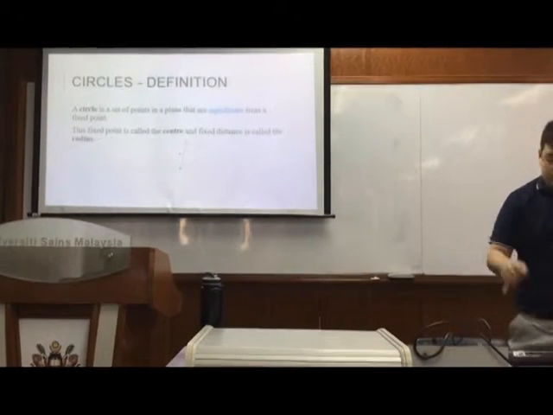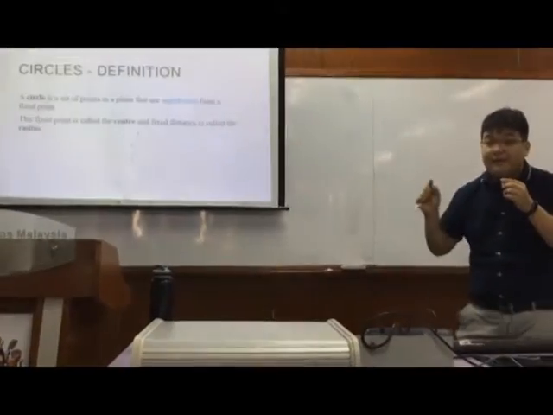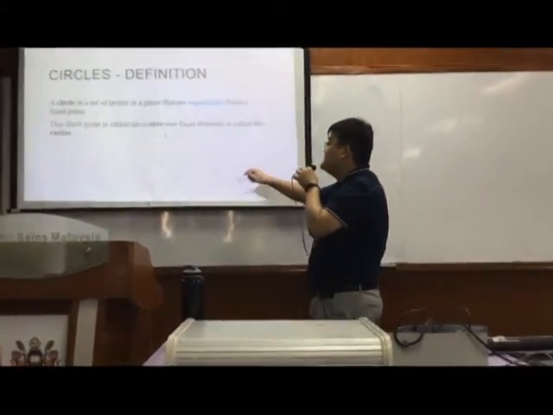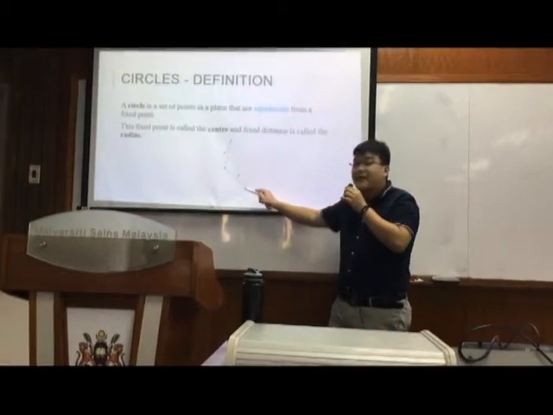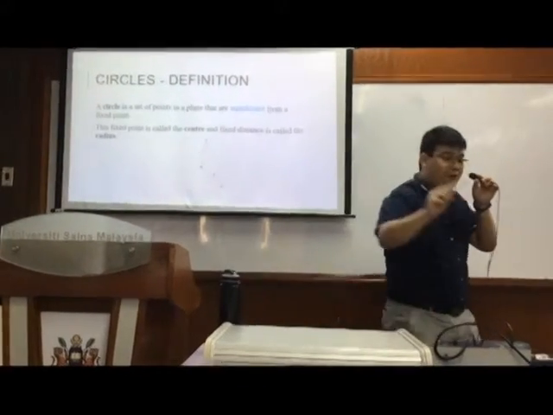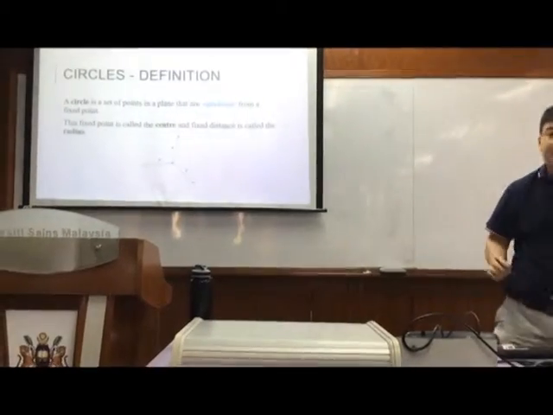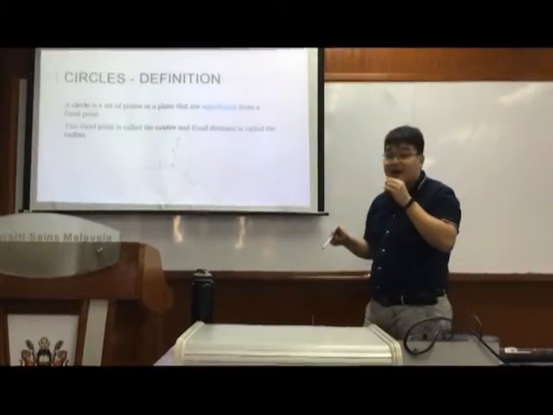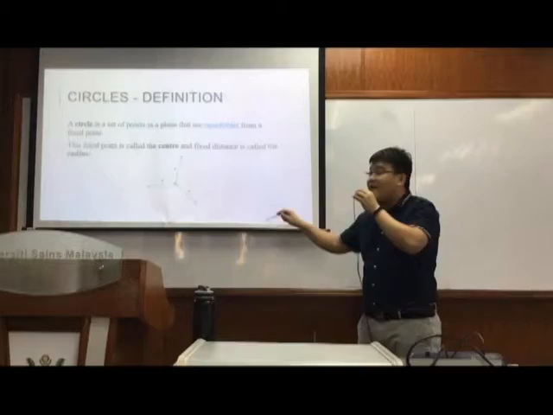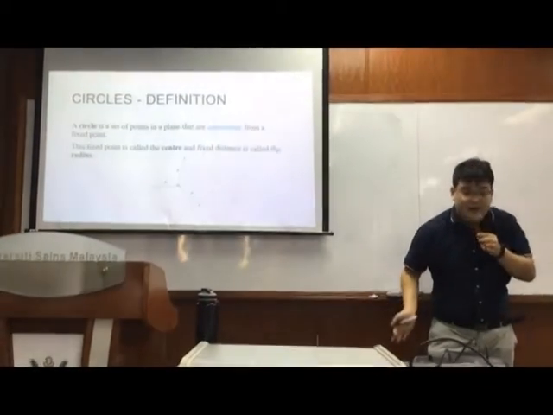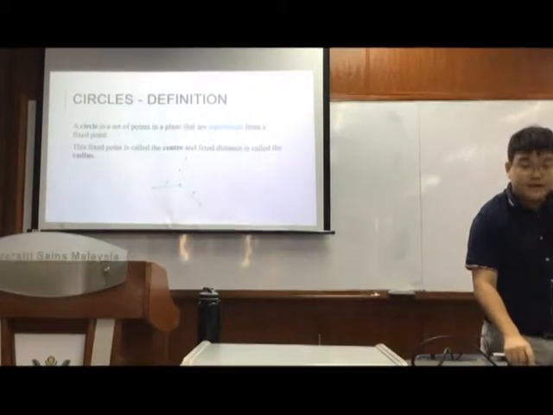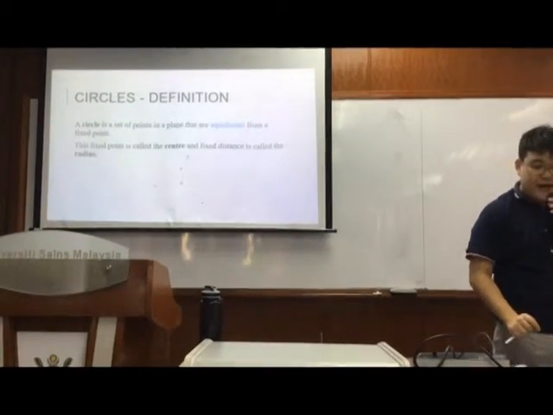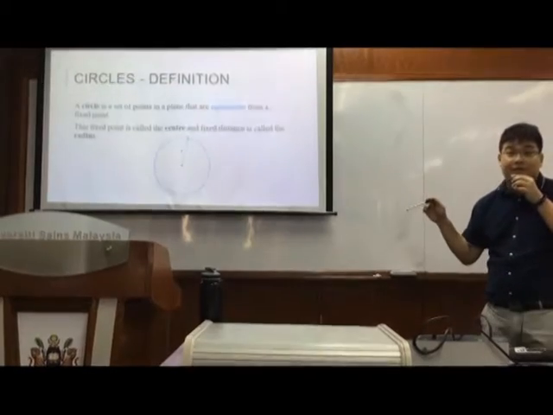Moving on, we plot another point also at distance r from the fixed point, and another point around here, also at the same distance r. After you have, say, 3 points, you join them into one curve, not a straight line, and you will obtain this circle.